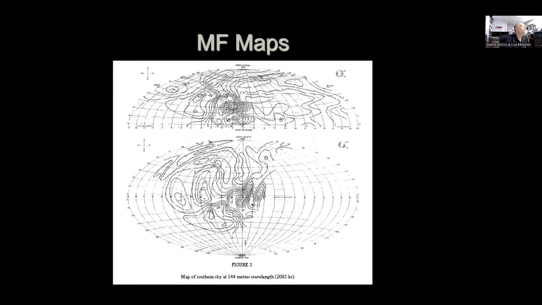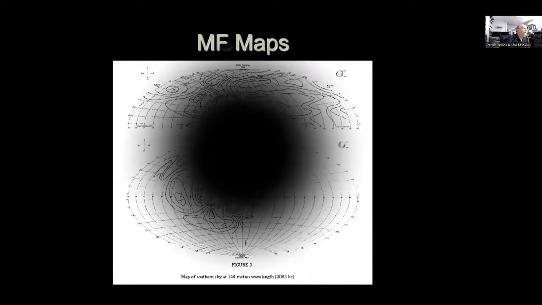And so this is one of his later contour maps, and this is at 144 meters, or a little over 2 megahertz. So he was doing this well into his aging years, and I just really admire that and really respect what he did. He gave us a lot, but he did start something.